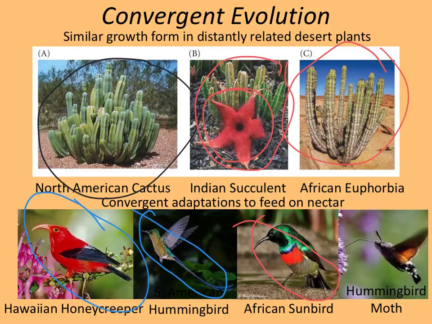And we've even got a hummingbird hawk moth that actually kind of does the same thing, but instead of having a long bill, they have a long tongue, proboscis. Okay? This is all example of convergent evolution or analogy. Okay?